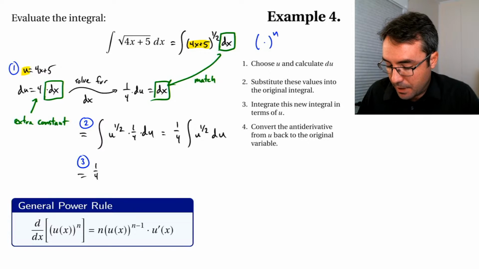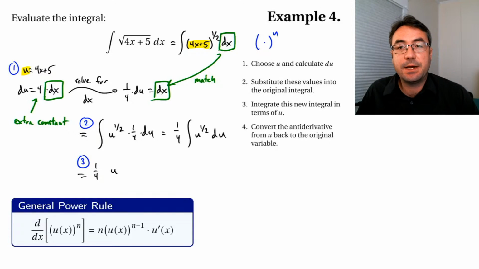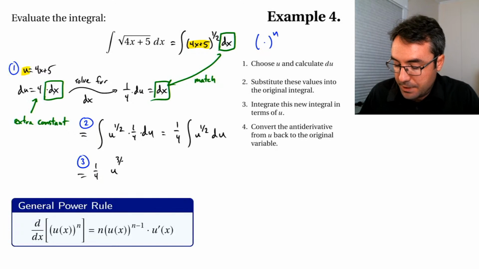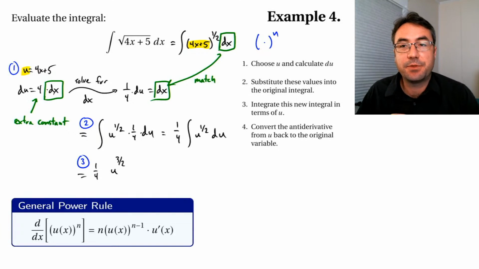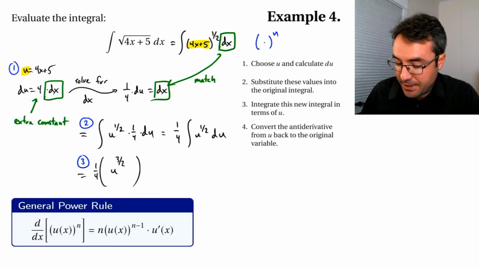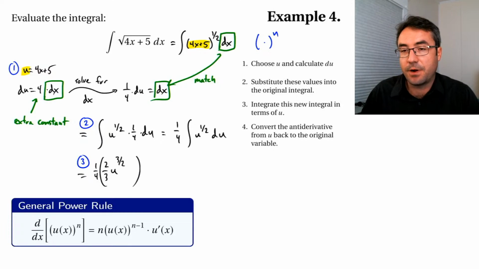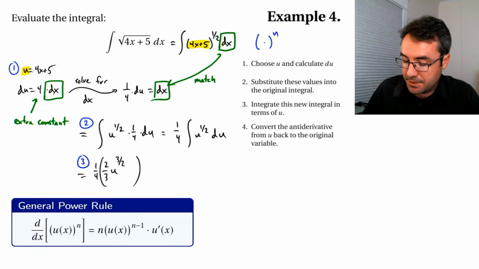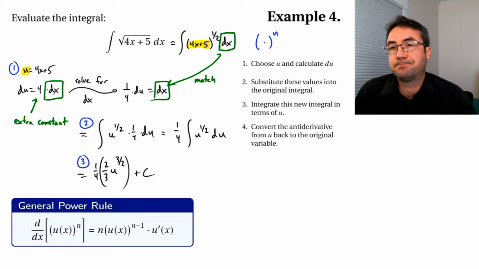And then our variable is u, so we write down u, add 1 to the exponent, bumps us up to 3/2, and then we take that new exponent, flip it, put it in front. So we put a 2/3 in front. And then plus c. All right, so that's the antiderivative.